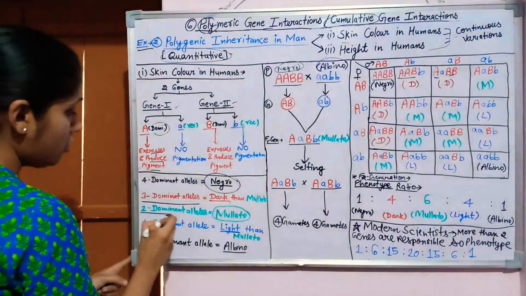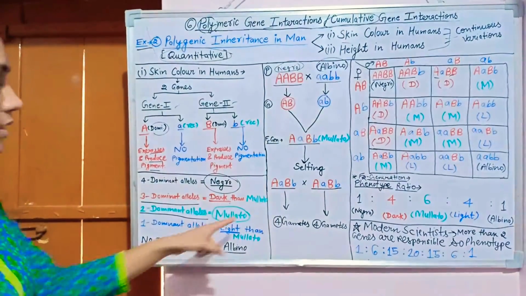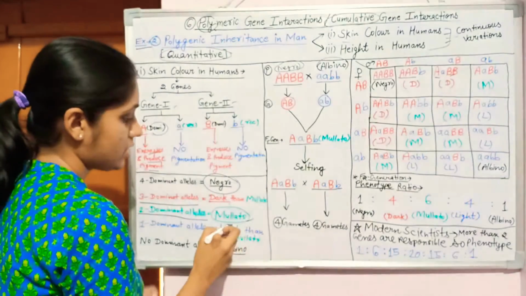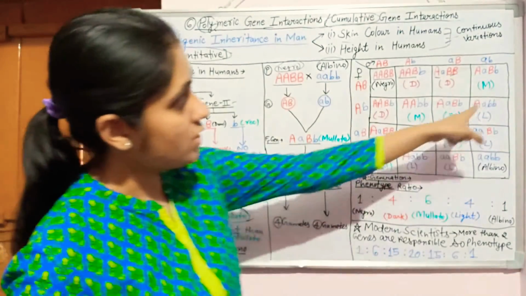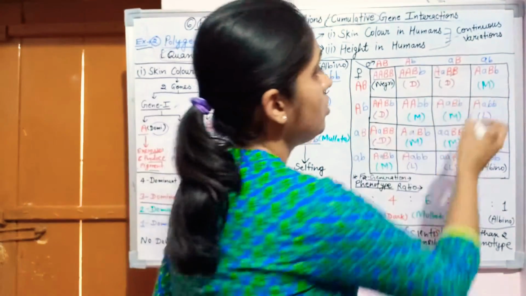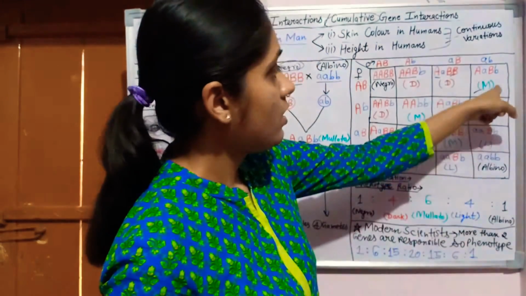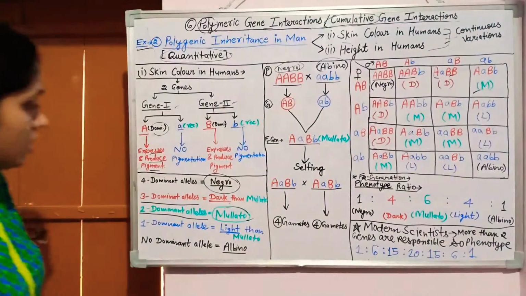And if 2 dominant alleles are present, then the color of the human being is mulatto. So with 2 dominant alleles, mulatto color is produced.